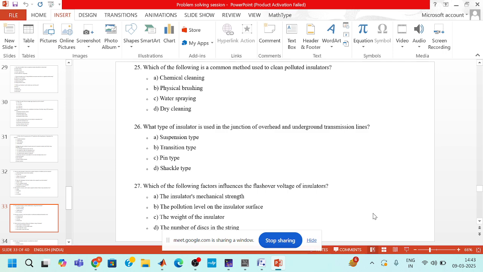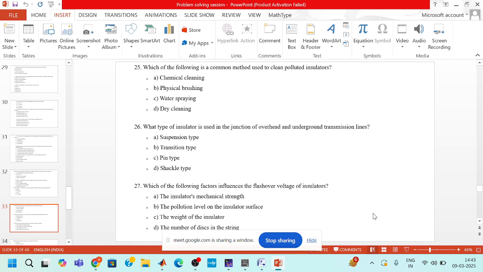Water spraying can be the answer. Maybe by the helicopter method also there is water spraying, madam. That method is also the same. Okay, because water spraying is the most common method used to clean polluted insulators.